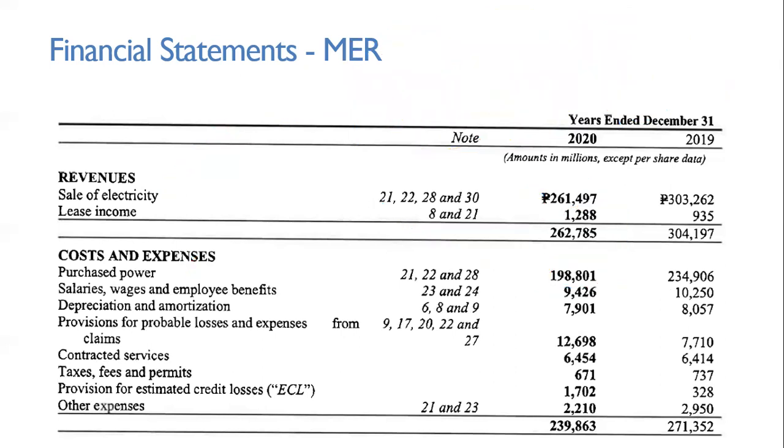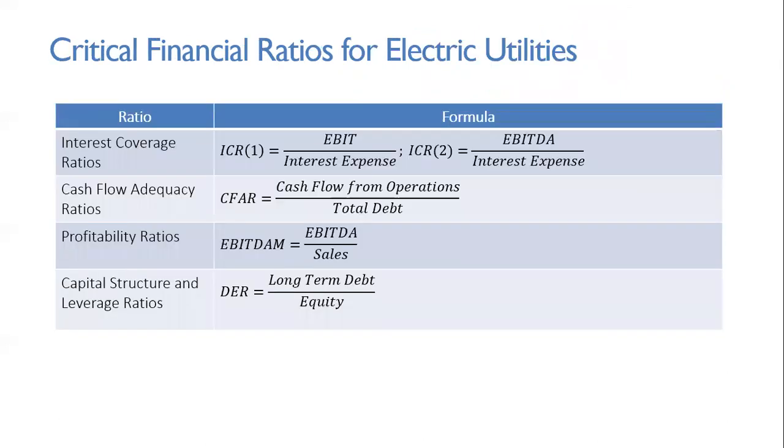Nothing different. Okay, so what are critical ratios for electric utilities? So definitely interest coverage ratio is a critical ratio. Another is cash flow adequacy, because usually electric utilities have high loans. Okay, so a major concern is making sure that it is adequate to pay for total debt.